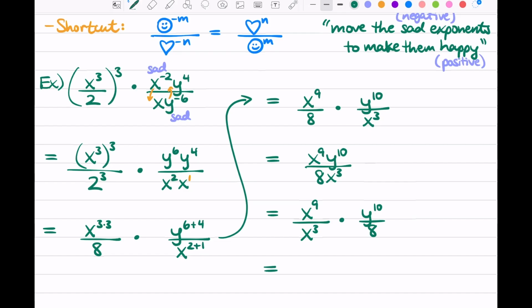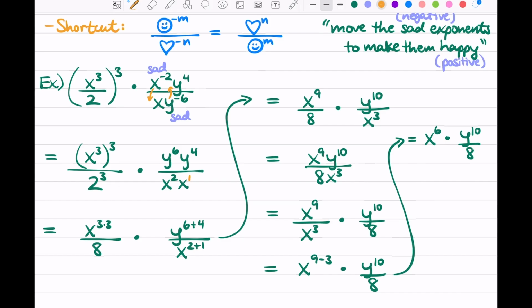So x to the 9th divided by x to the third. We can use one of our shortcuts to write it as x to the 9 minus 3. And our second fraction, we can leave the same. Looking at our first fraction, 9 minus 3 is 6. So we have x to the 6th times y to the 10th over 8.